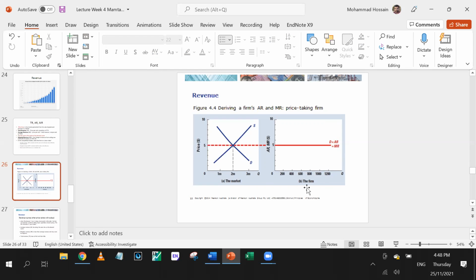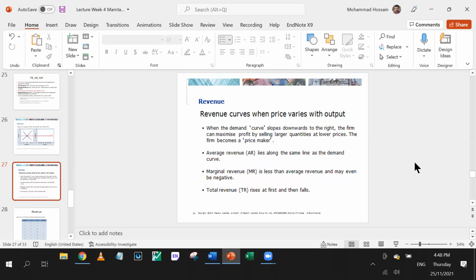That's the market, and for the firm, this is for perfect competition, where the business makes no economic profit. This is for the perfect competitive market, because in perfect competition the demand curve, average revenue, marginal revenue and price line are all this same horizontal line.